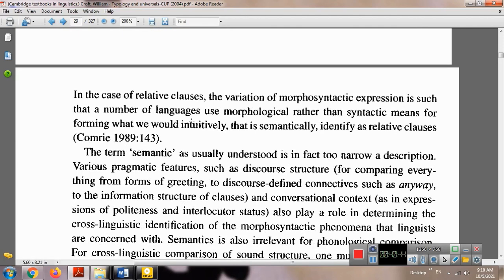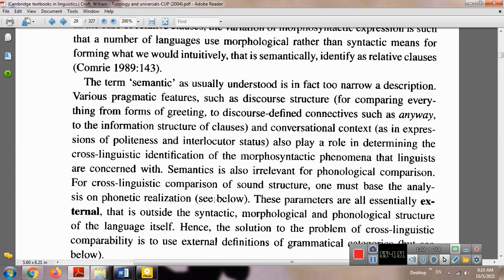In the case of relative clauses, the variation of morphosyntactic expression is such that a number of languages use morphological rather than syntactic means for forming what we would intuitively, that is semantically, identify as relative clauses. The term semantic is usually understood as in fact too narrow a description.